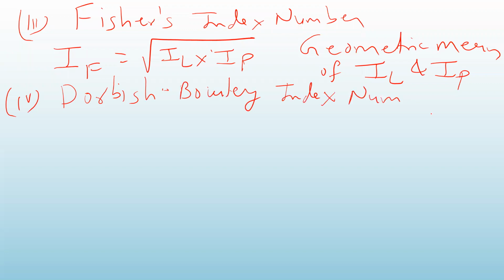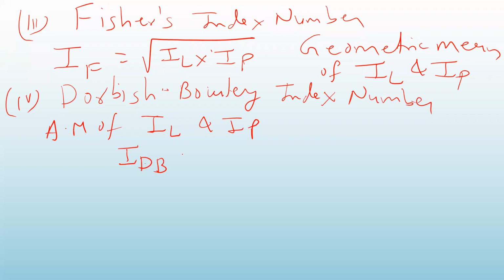This index number is obtained as the arithmetic mean of IL and IP. It is denoted by IDB, D for Dorbish, B for Bowley. How do you calculate the arithmetic mean? You add the two, IL and IP, and divide by 2. So that is the Dorbish-Bowley.